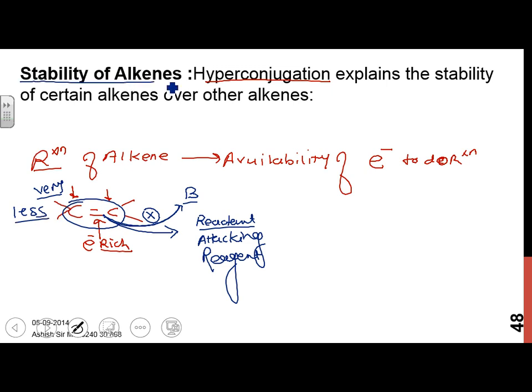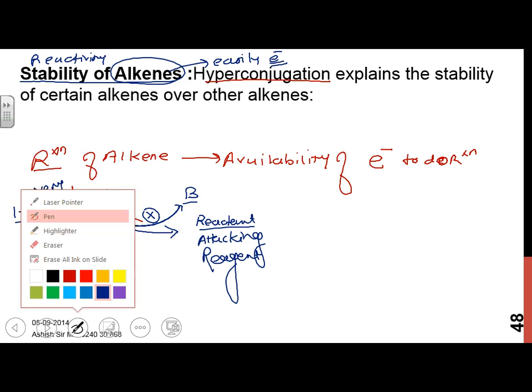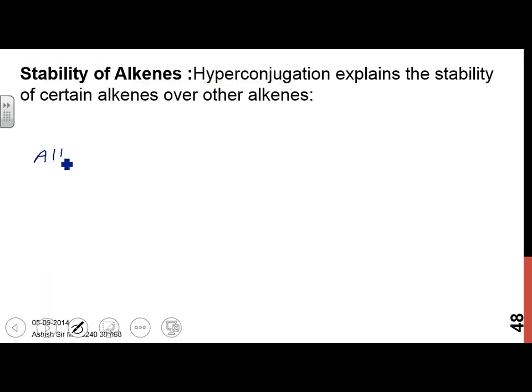So the stability of alkene or reactivity of alkene depends how easily it donates electron. If I summarize this thing, if alkene donates electron easily, it's very reactive, and very reactive in another way they are called less stable.